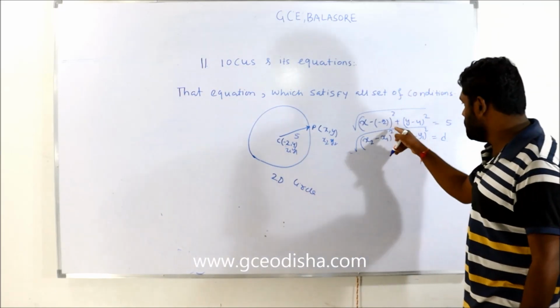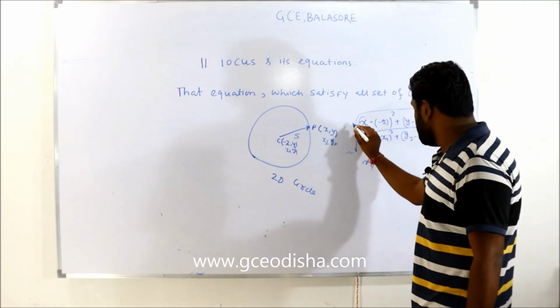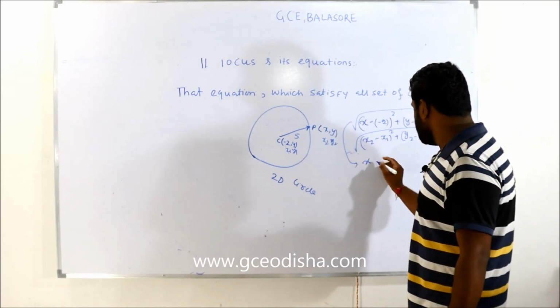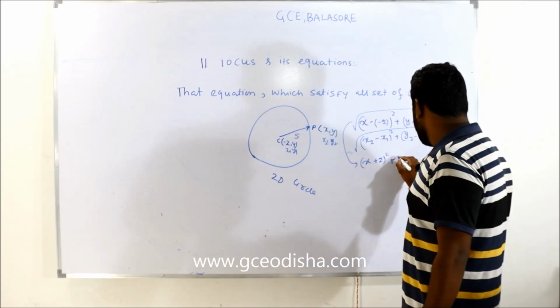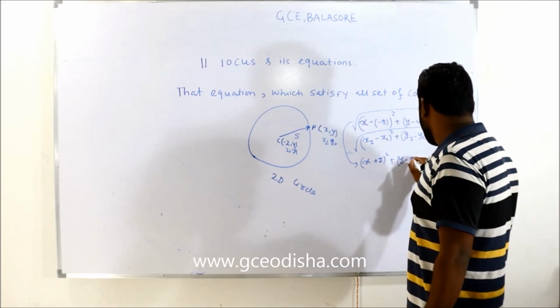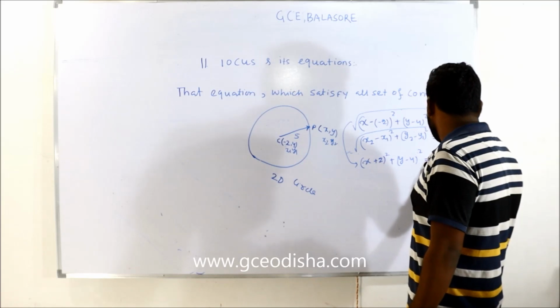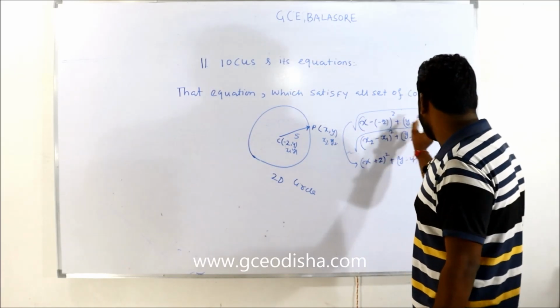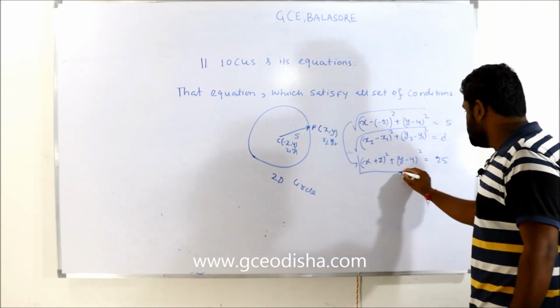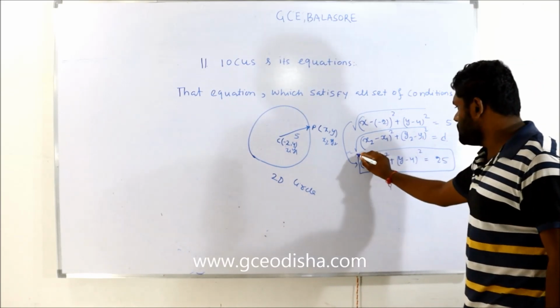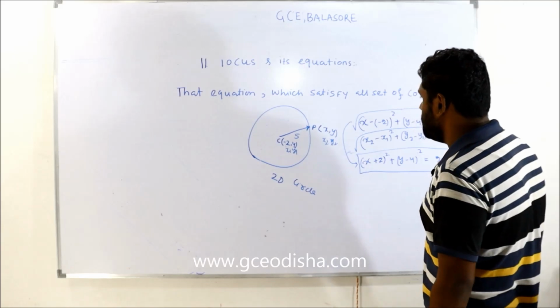When you simplify this equation, it comes to (x minus 2) square plus (y minus 4) square is equal to 25. When you square the equation, the root goes away and it becomes 25. This is the equation.